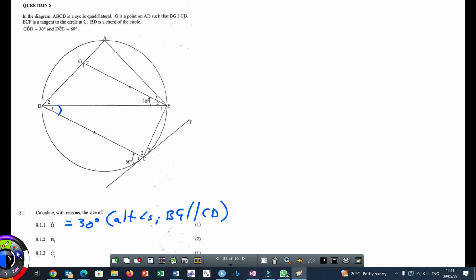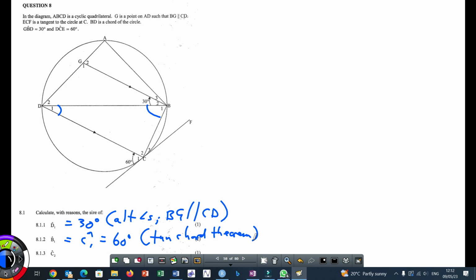Then 8.1.2, we need to determine the size of B1. How did you get B1? B1 is equal to C1, that's equal to 60 degrees, and you're using the converse theory.